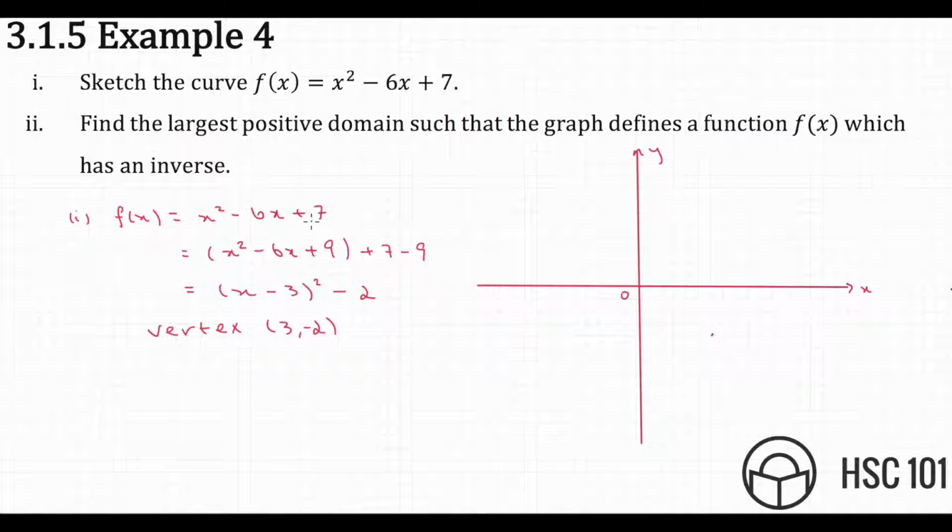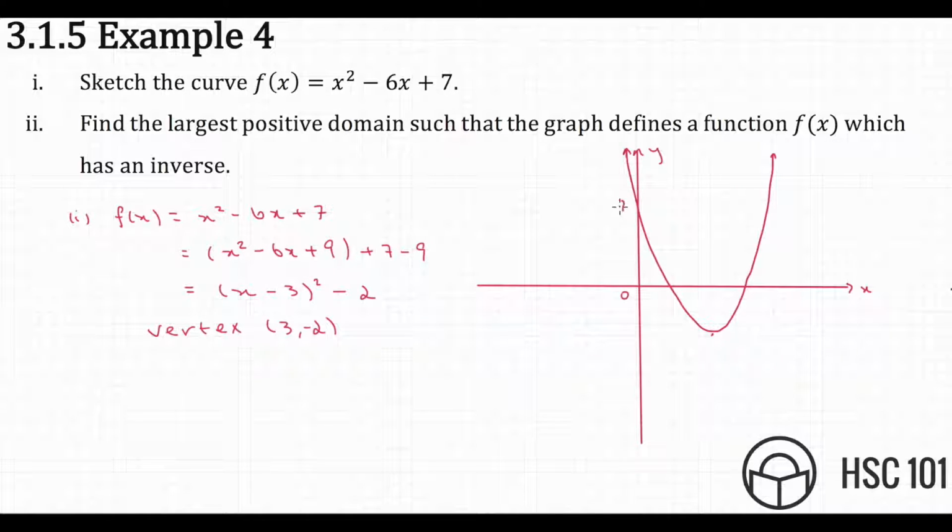The y-intercept is positive 7, so that's going to be all the way up here. What that implies is that even though we don't have the x-intercepts, we know that both x-intercepts are going to be positive. This is a concave up parabola, so joining everything through, we get something that looks like this.